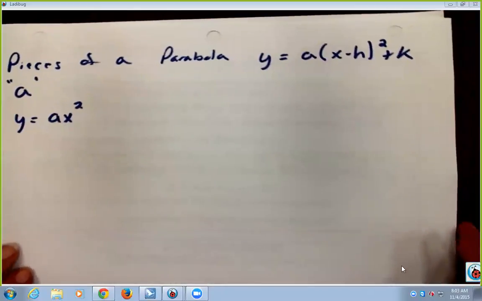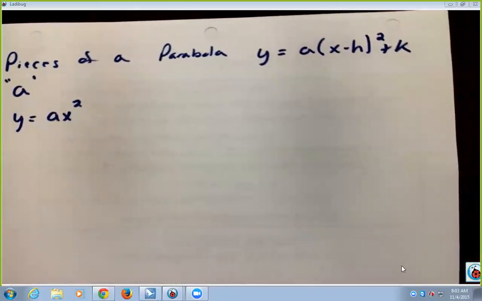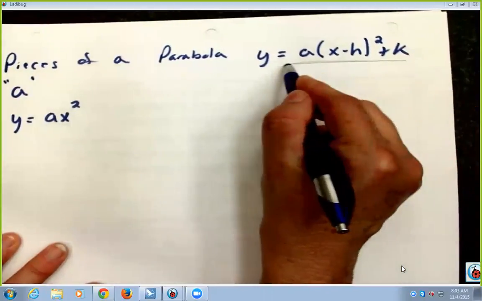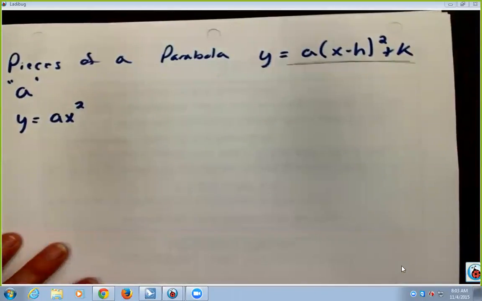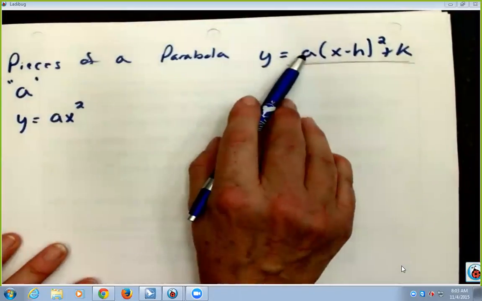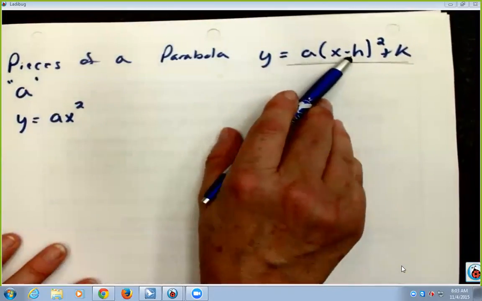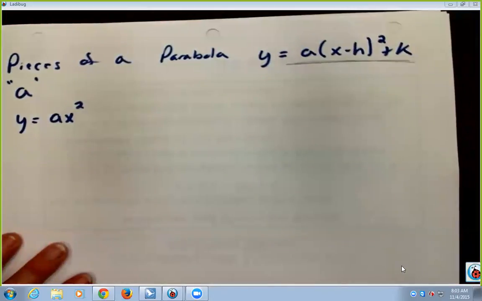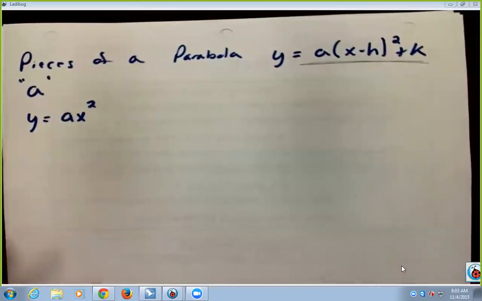So what we have with our parabolas is that we start to change our equation. And our equation comes out looking like this instead, where in each of these, of course, we're going to replace the a, the h, and the k with different numerical values, so we will end up knowing some more about what this parabola is doing.